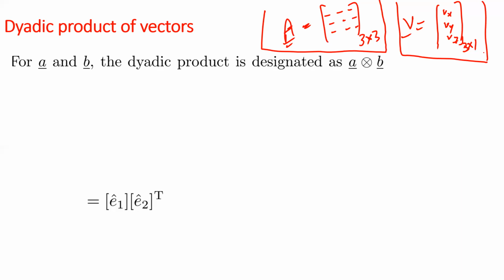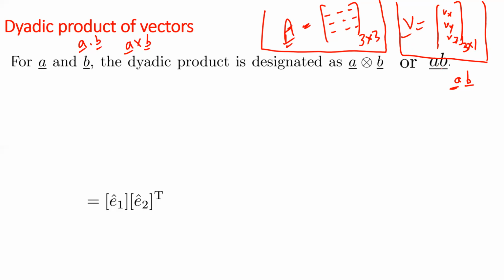You are already familiar with a dot product and a cross product. Dot product is indicated by A dot B and cross product is indicated by A cross B. But this is a new kind of product called dyadic product, and this is designated by A with an encircled cross, or simply we will write it as A B. Let us write it as vector A immediately followed by vector B. No dot or no cross symbol in it.